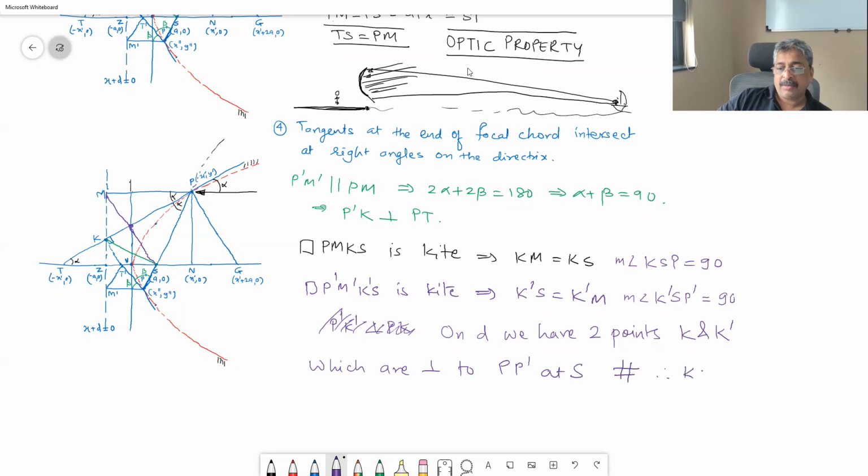Therefore, K must coincide with K'. Good. That is how we will conclude it. Geometrically, that is how it is.